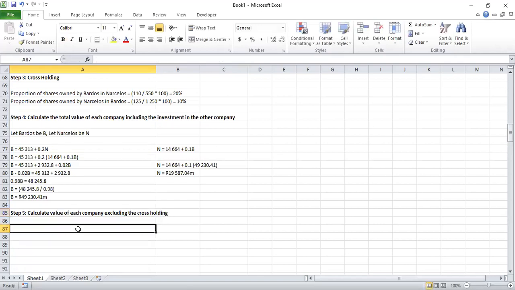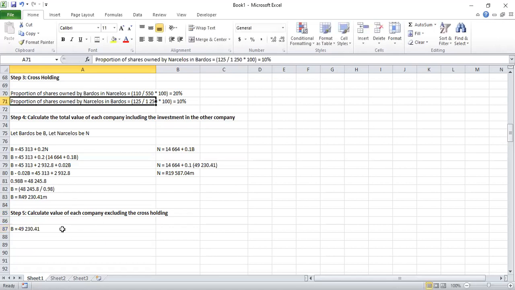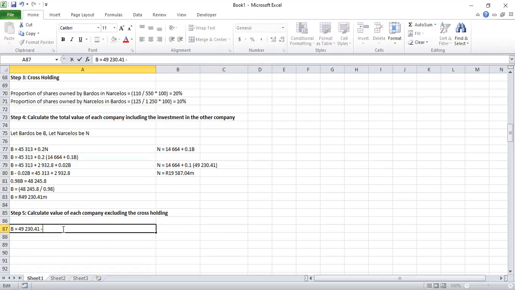For Bados, this value of 49,230.41 million, we know that Nacelos owns 10%. So we would say minus 10%, or maybe we can just say times 90%, but so that you can see, let me say minus 10% times 49,230.41.